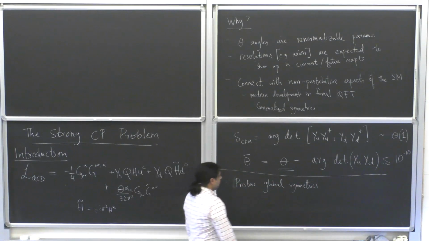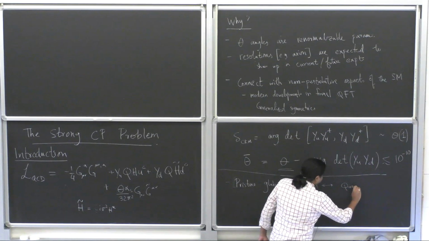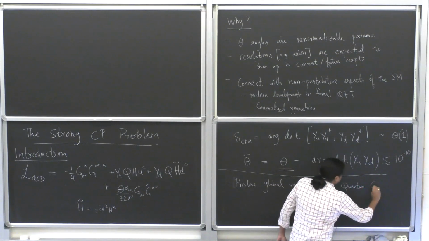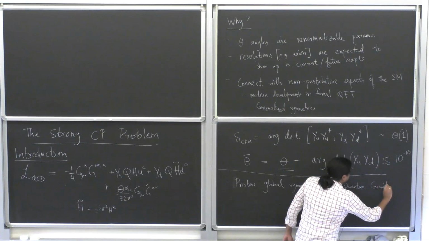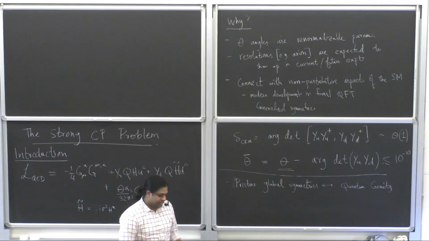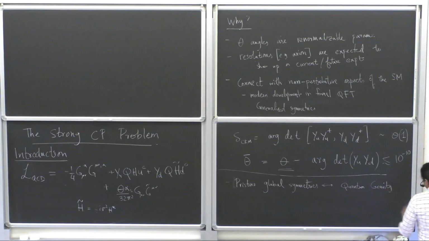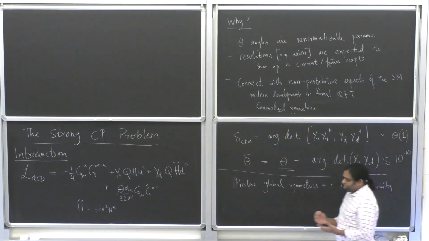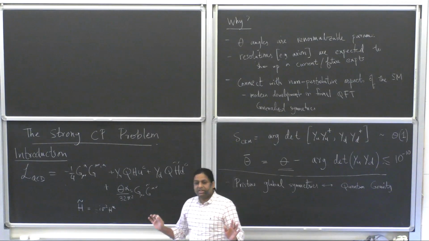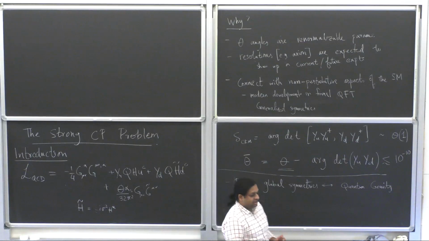So this has direct connection with aspects in quantum gravity, where people now strongly believe that in theories of quantum gravity we can't have global symmetries, and so there's a whole program of thinking about what QFTs can be UV completed into theories of quantum gravity. One of the most robust things people think is that global symmetries are very hard to accommodate in quantum gravity, but to what extent they're violated is not clear.